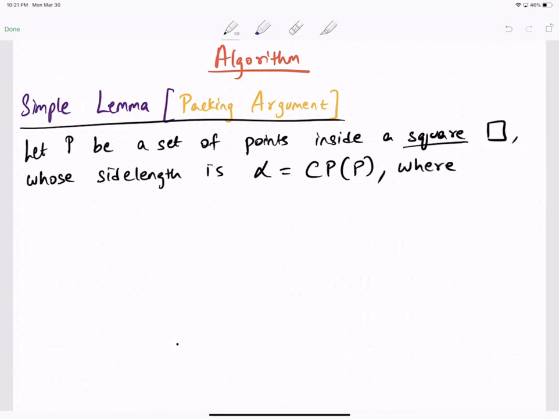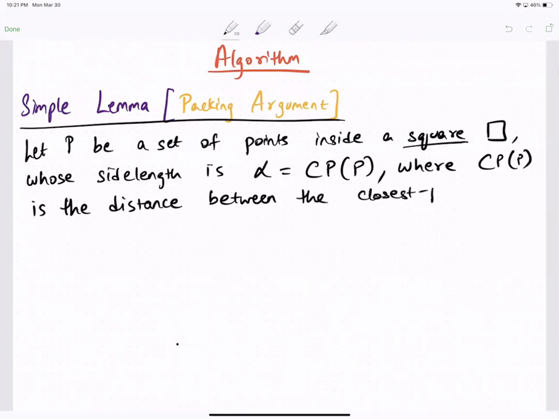Cp of P is the distance between the closest pair of points in P. Then the claim is that the size of P is less than or equal to 4.